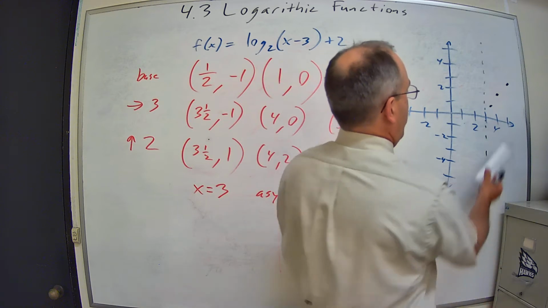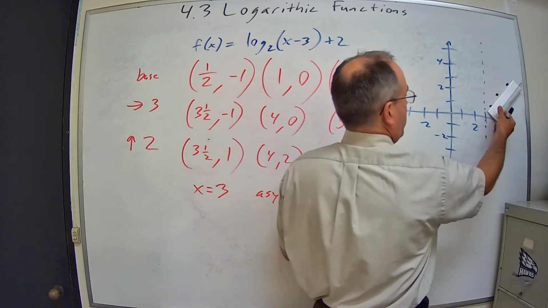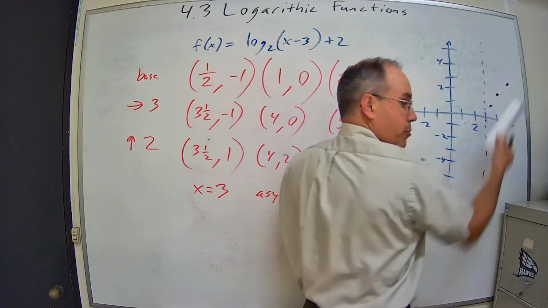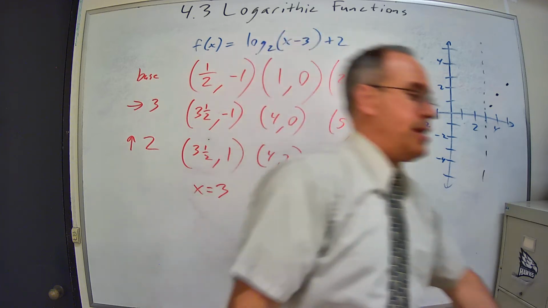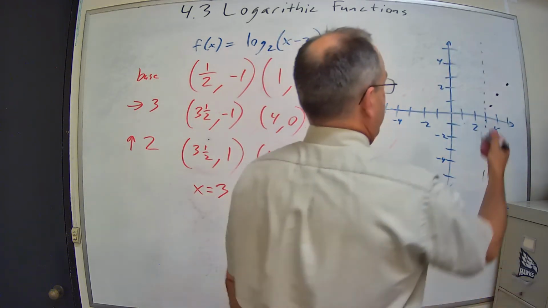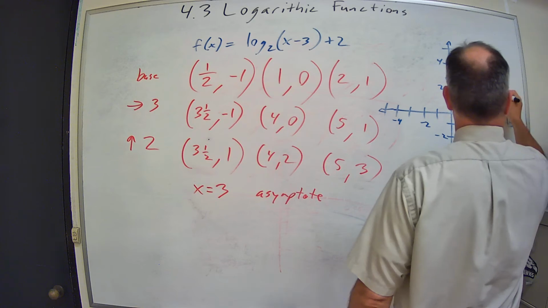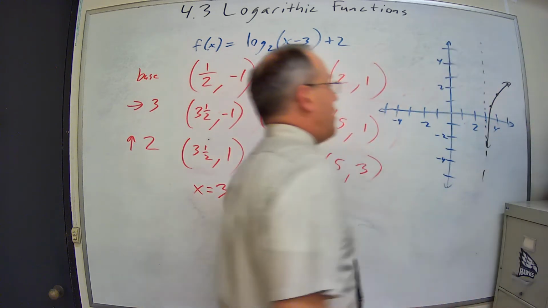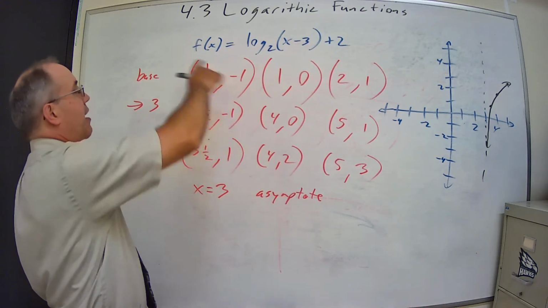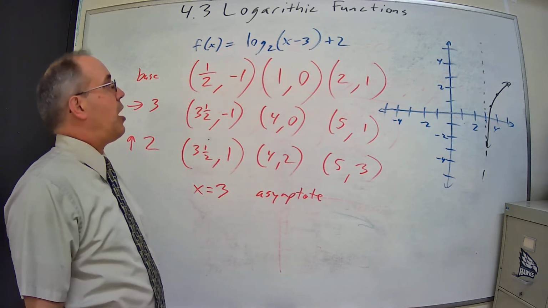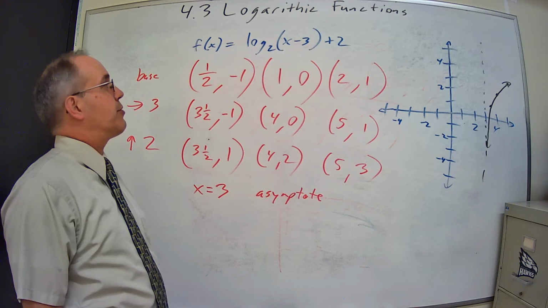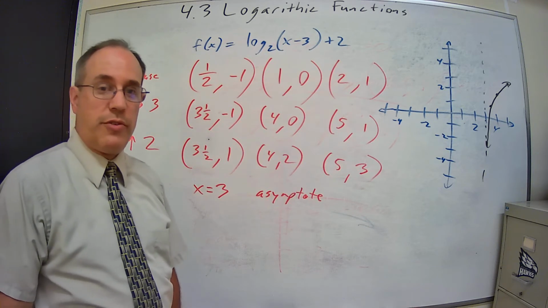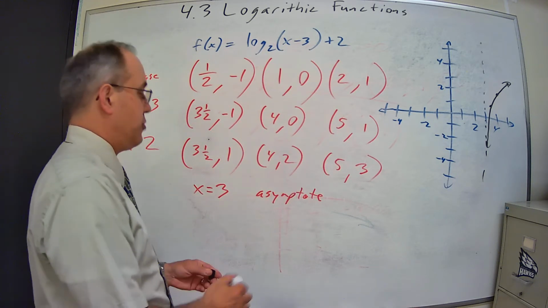It is most definitely curving, but it can be very easy to mistakenly think that it's not. So it's going to come through here, and it's going to have that asymptote there. You continue on that other way, and we have f of x equal to log base 2 of x minus 3 plus 2.